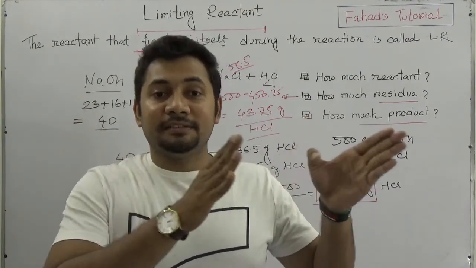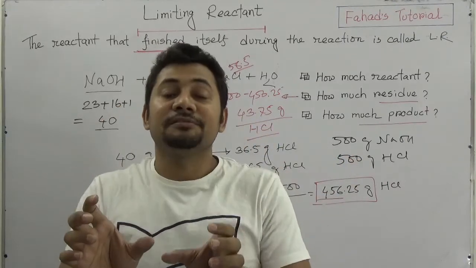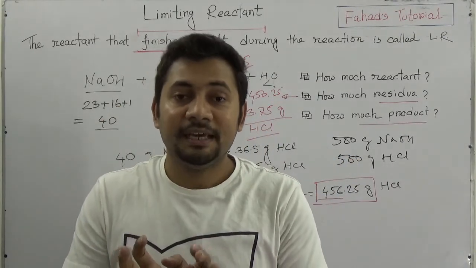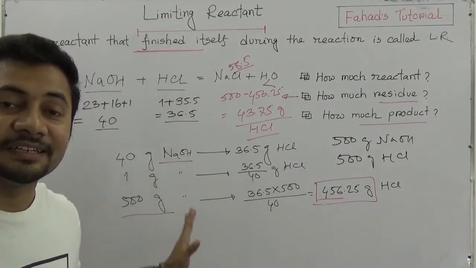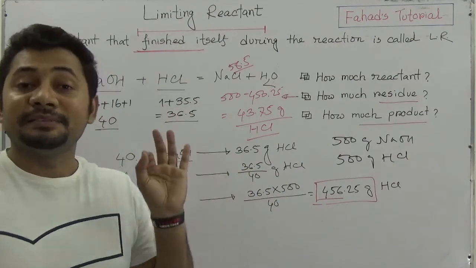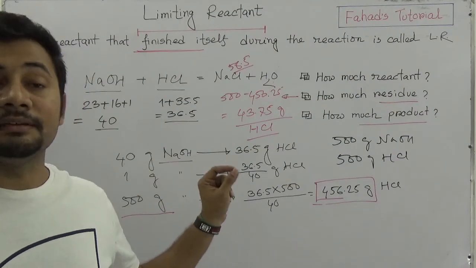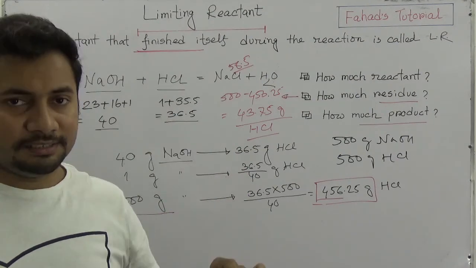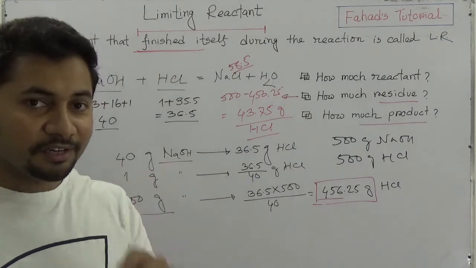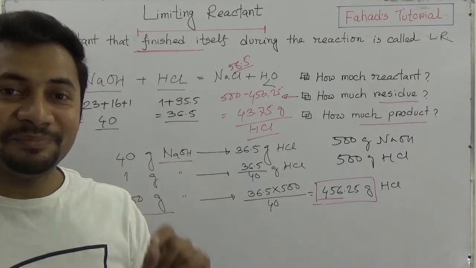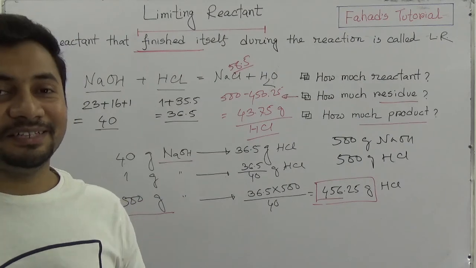Make the atoms equal on both sides, then count the molecular mass and then do it accordingly. So I hope you understand, and it's not much complex. And I'm saying again that this question about limiting reactant is always common in the question paper. Do not skip any part of limiting reactant.